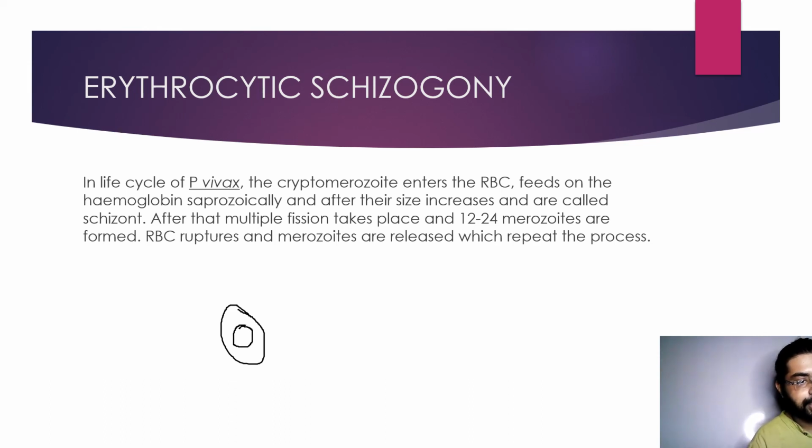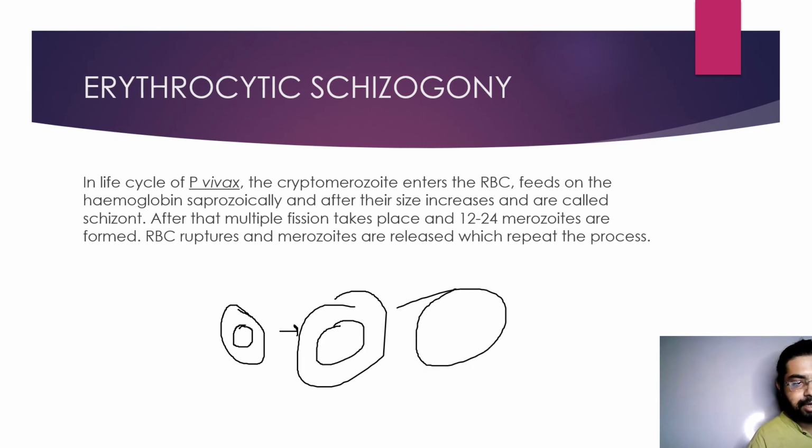It feeds on the hemoglobin saprozoically, and after its size increases, the cryptomerozoite is called a schizont. This schizont then undergoes multiple fission inside this RBC only, and 12 to 24 merozoites are formed.